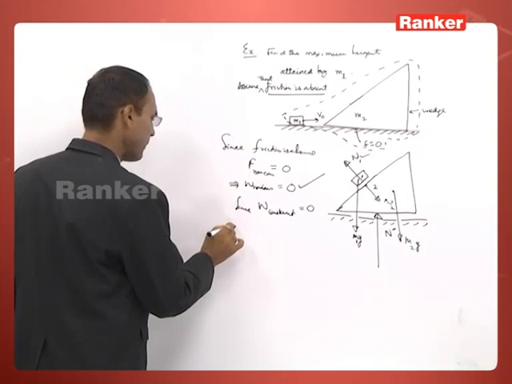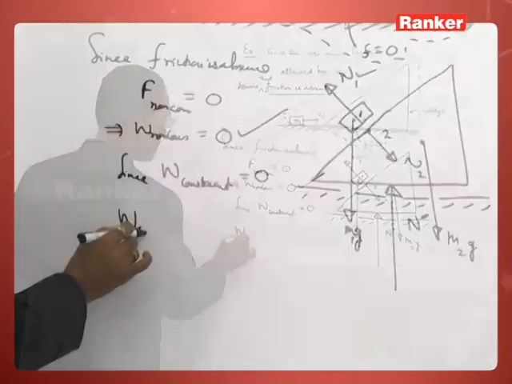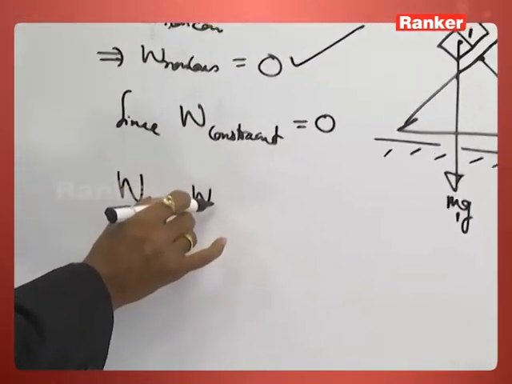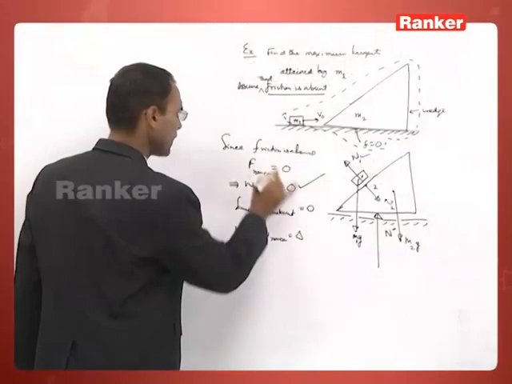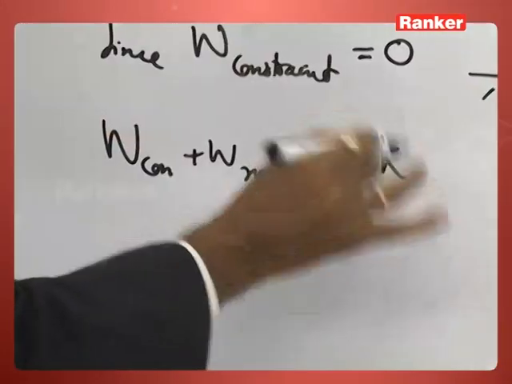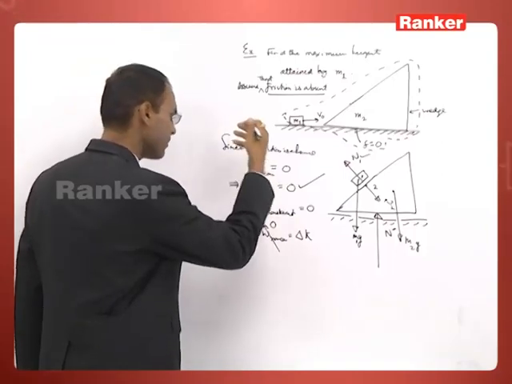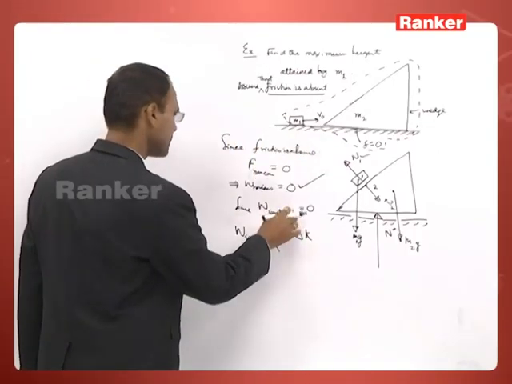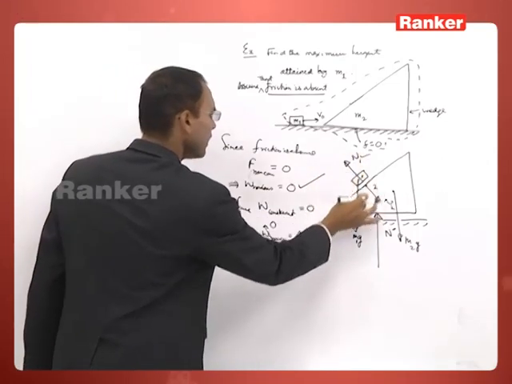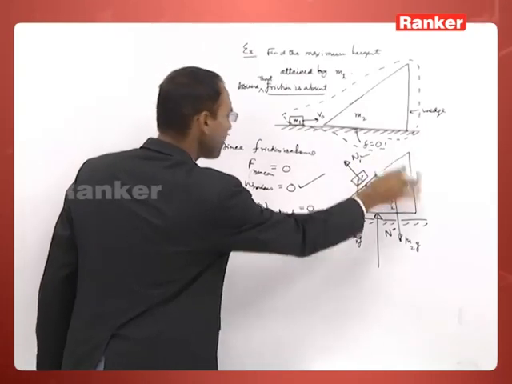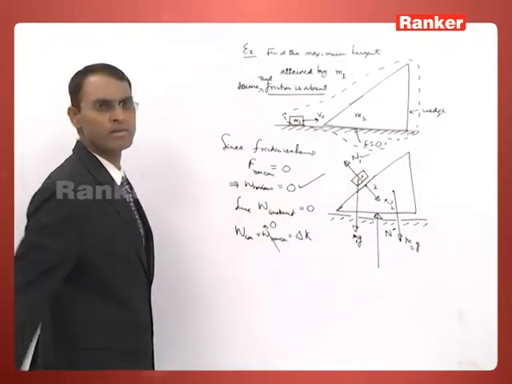Therefore, applying work energy theorem, we can write work done by conservative force plus work done by non-conservative force, that is the total work done on the system, is equal to change in kinetic energy of the system. Since non-conservative forces will do no work because they are absent, and the constant forces, even though they are not conservative when you consider block 1 or the wedge 2 separately, but as a whole they will do 0 work.